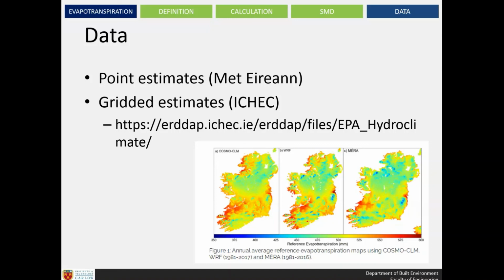We looked at calculating evapotranspiration from those climate models, as the climate models had the data you needed, such as humidity, temperature, and so on. So you can get gridded estimates going back about 30 years, and that's freely downloadable from iCHEC.